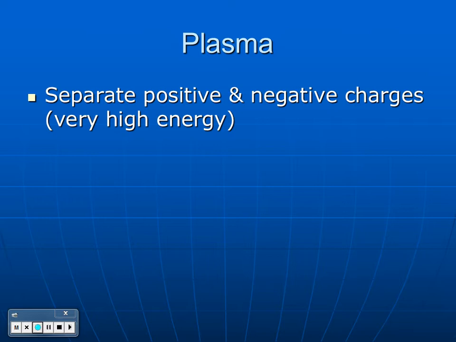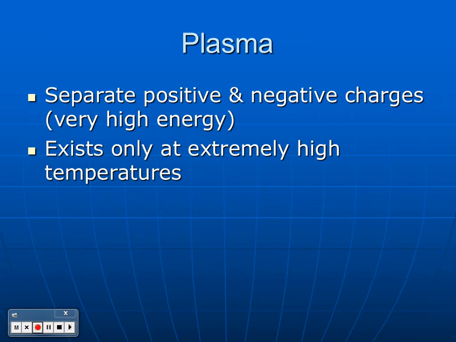So plasma. Plasma is matter, but it's not solids, liquids, or gases. Plasma exists at very high energy. What we have basically is not atoms, but pieces of atoms. Separate positive and negative charges, which you now know come from where?